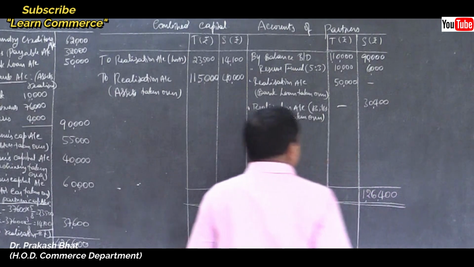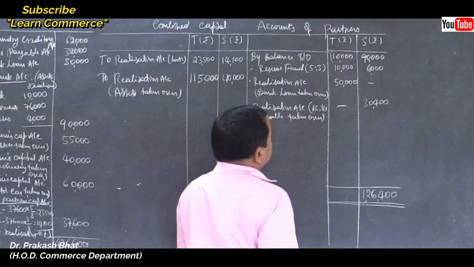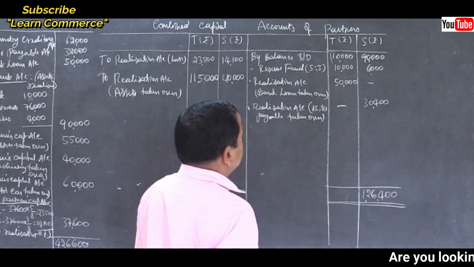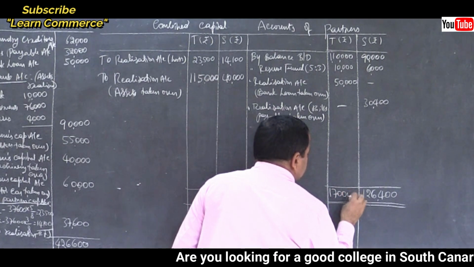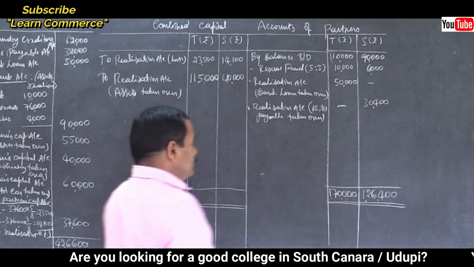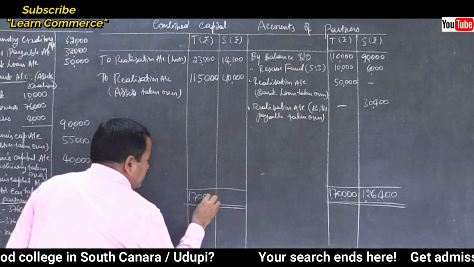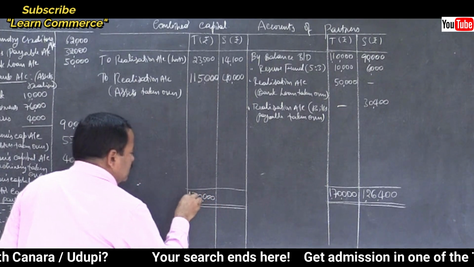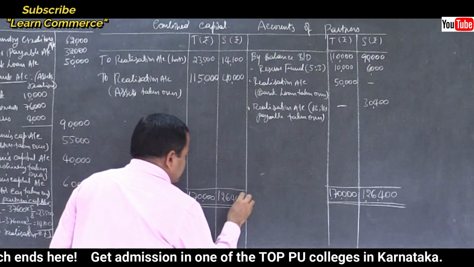Then 1,70,000 in Tanu's capital account. Here also write the same amount, 1,70,000 and 1,26,400.